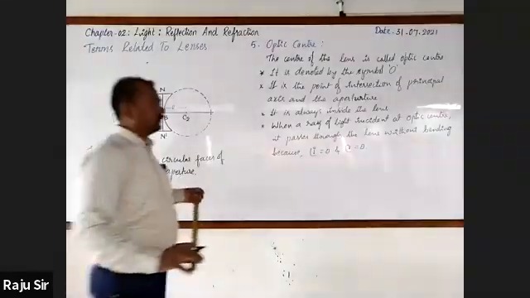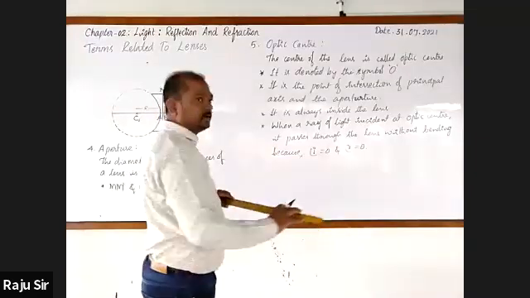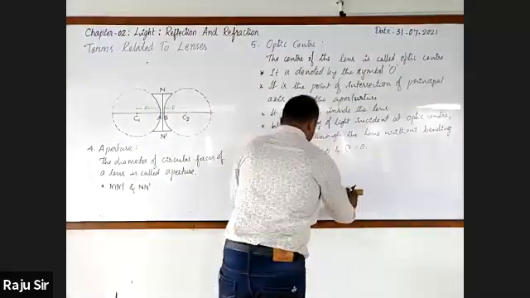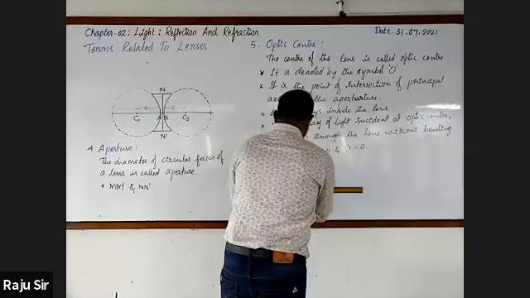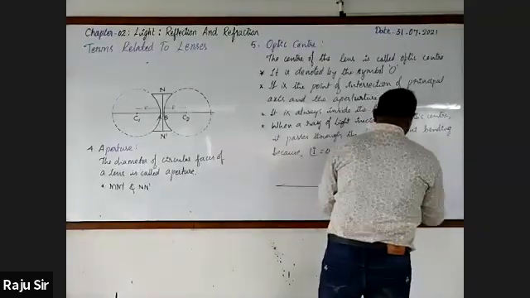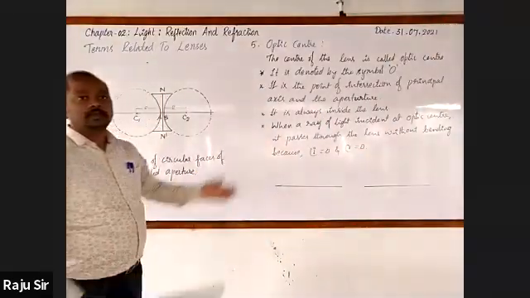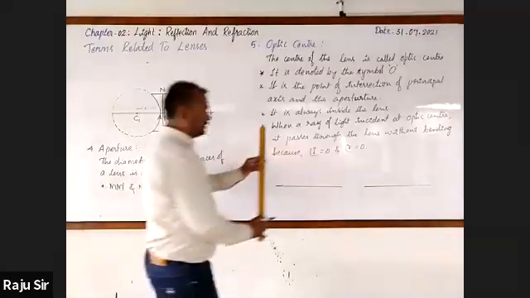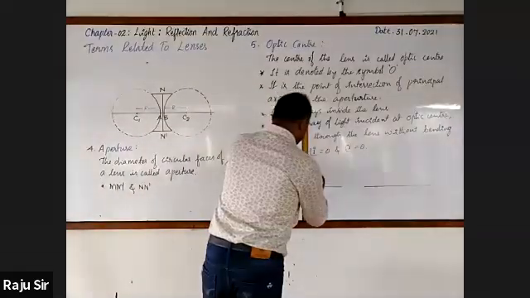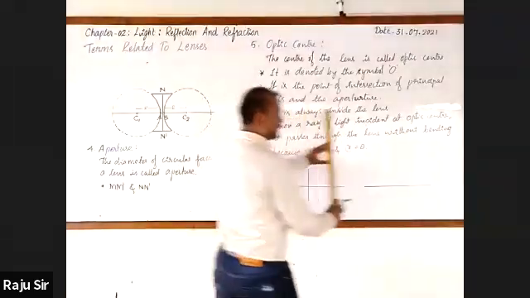Now let us show the optic center of both convex and concave lenses. Draw it simply. Draw a horizontal line which indicates the principal axis. When we draw the perpendicular line, what does it indicate? Aperture.